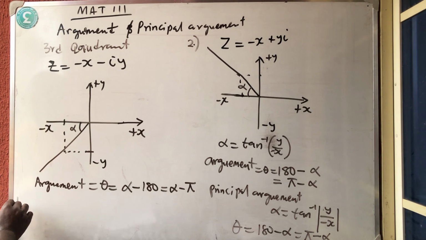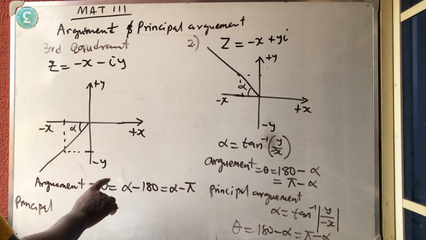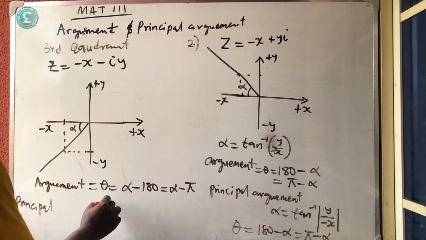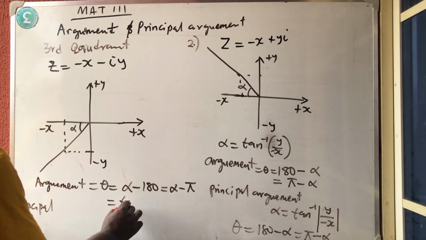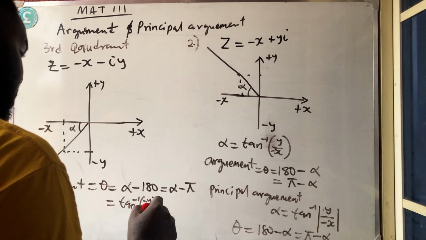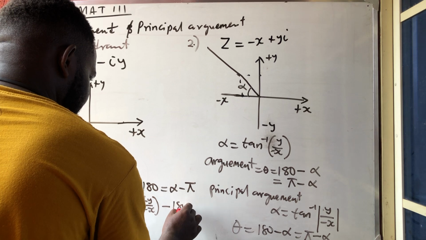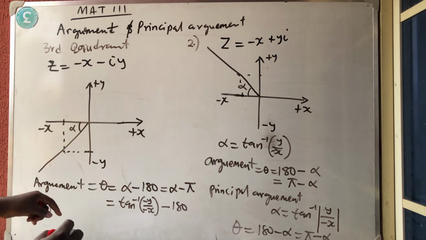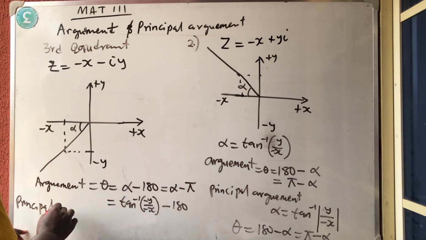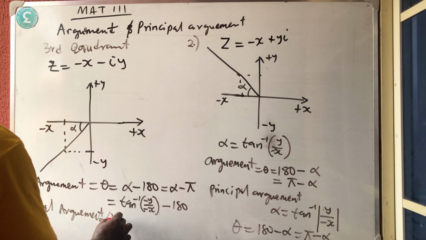But the principal argument, and don't forget the way you get your alpha. Your alpha is the tan inverse of minus y over minus x. So that is it, minus the 180. But don't forget that for principal argument, theta is equal to what?